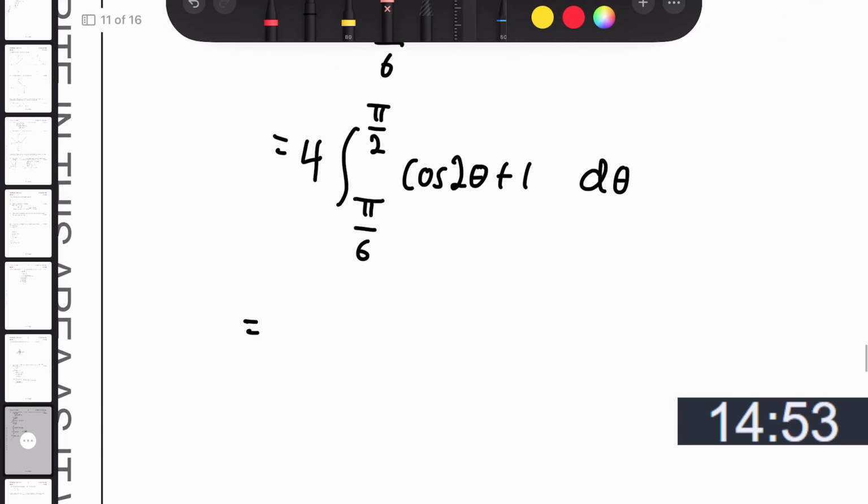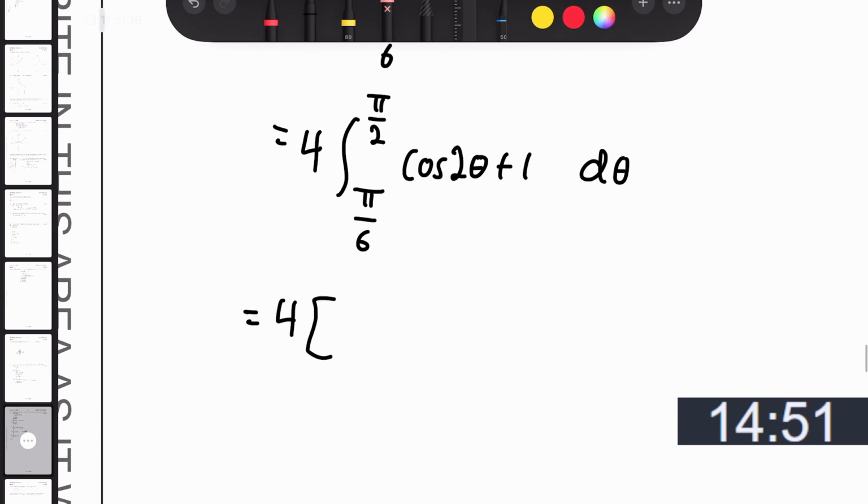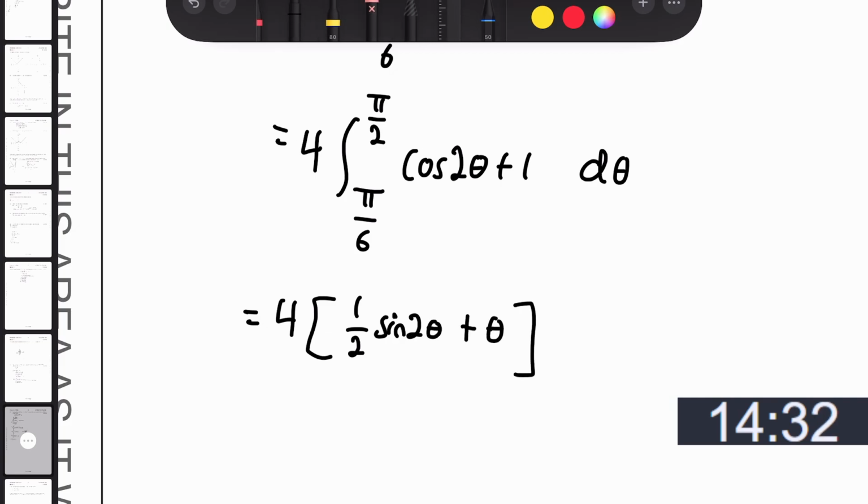So then this is going to equal 4 outside of, actually no, just a half of sine of, so half of sine of 2 theta inside the sine, plus theta, from pi on 6 to pi on 2.